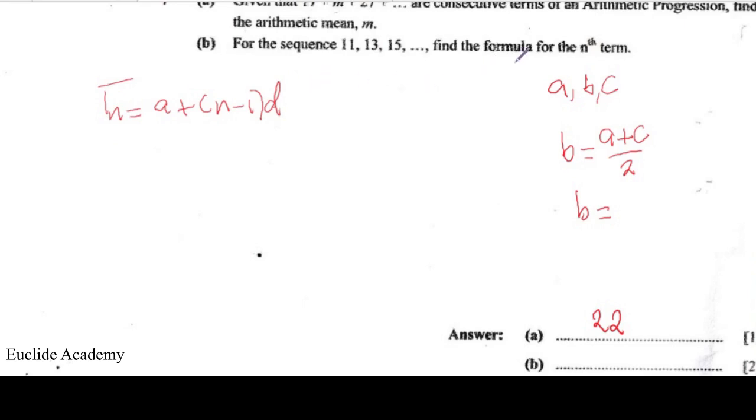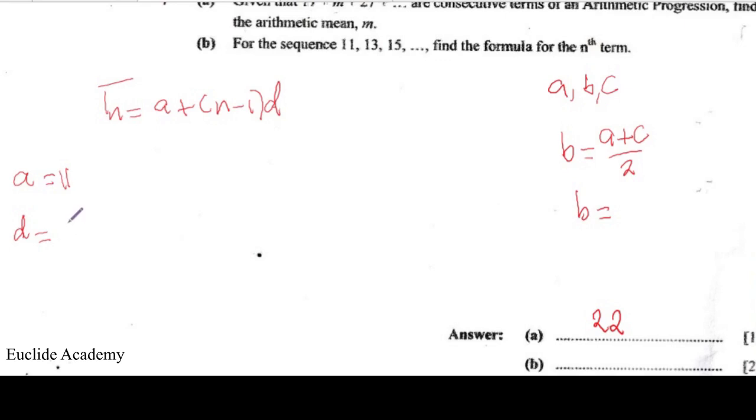Okay, so for the formula for the nth term we need a, which is the first term of the progression, so that is 11, and we need the common difference, which is d. We find the common difference by subtracting the preceding term from the following term.